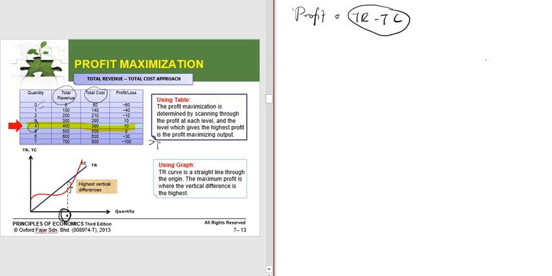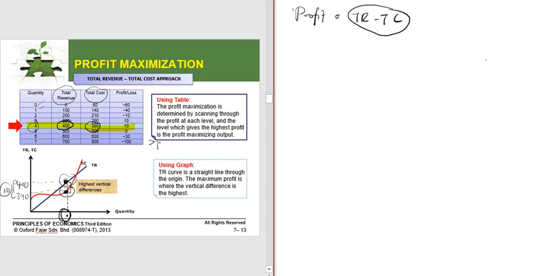Quantity is 4. The total revenue is 400, and the total cost is 390. So the gap between total revenue and total cost here is actually 10 ringgit.